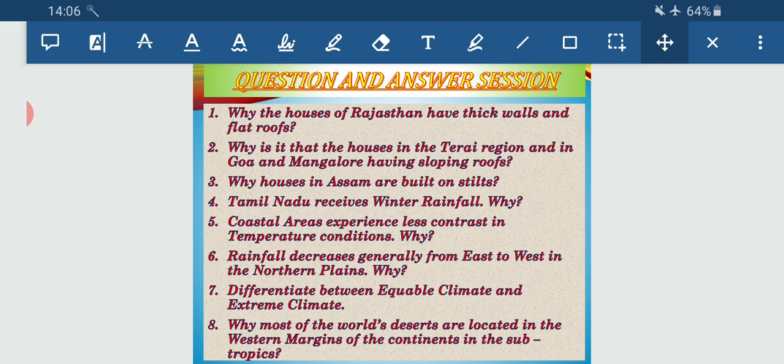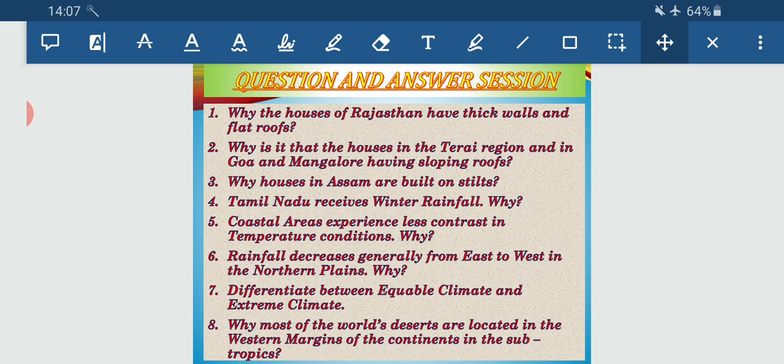Again I am repeating, because of the western margins of the subtropical areas of every continent, the winds that create the impact of precipitation have, by the time they reach the western part, already shed their moisture.